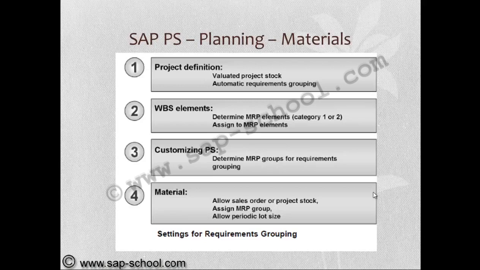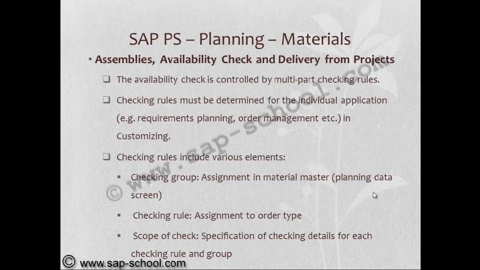In the PS, determine MRP grouping groups for requirements groups. In the material, allow sales order or project stock, assign MRP group, and allow periodic lot size. So these are the settings required for requirements grouping.